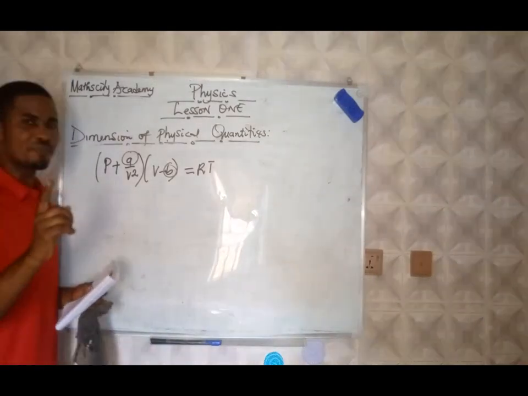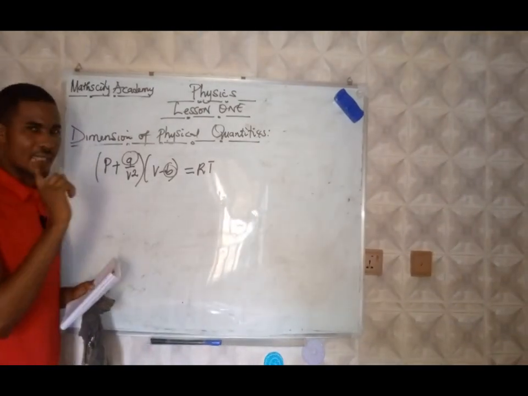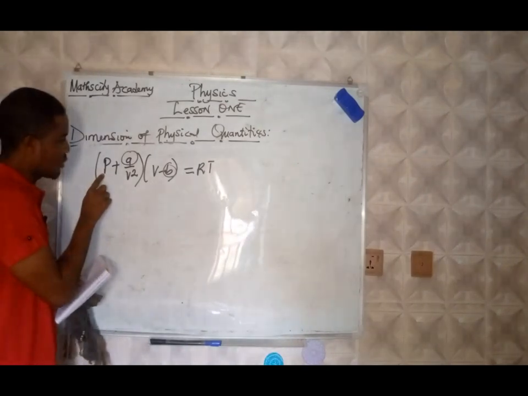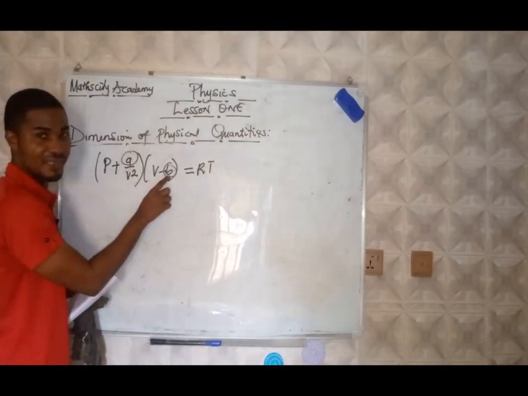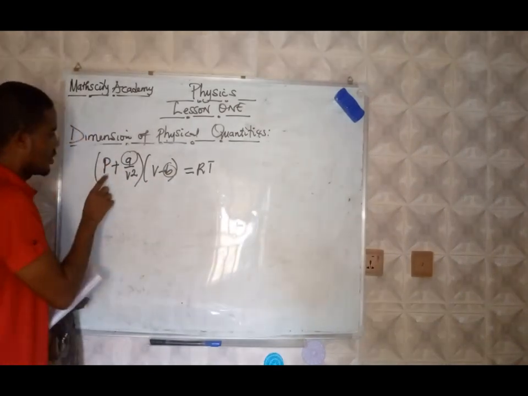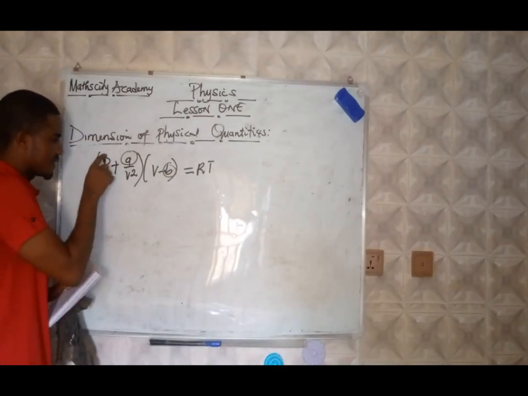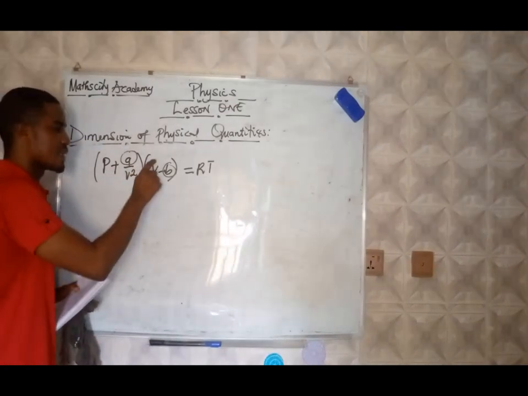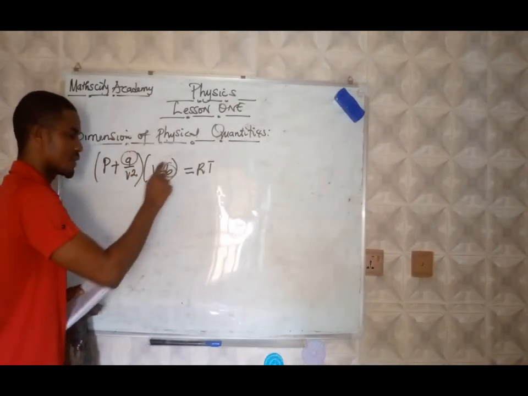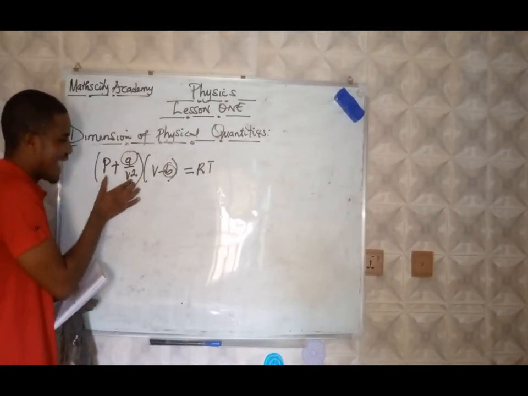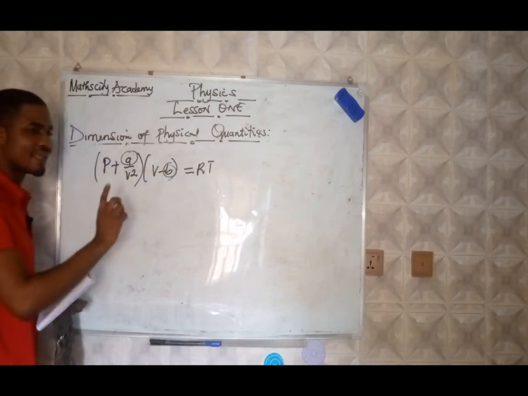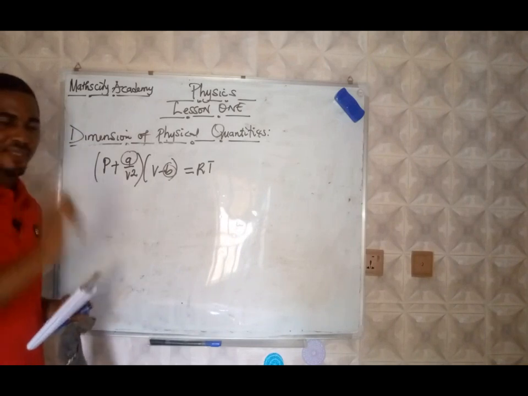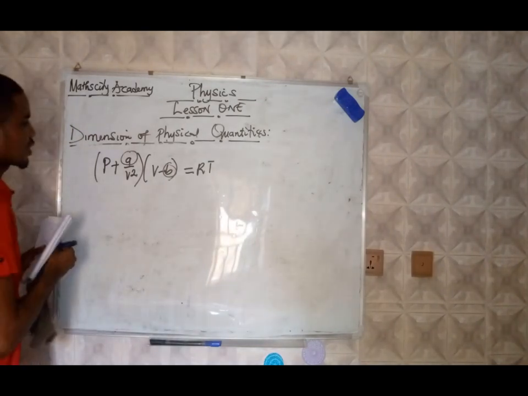I've said it before that when you look at an equation, you see that P was added to A over V squared and V was subtracted from B. The law says that when two physical quantities are added together or subtracted from each other, then their dimensions will be the same.